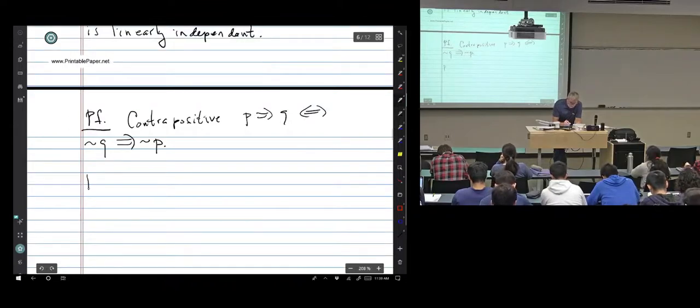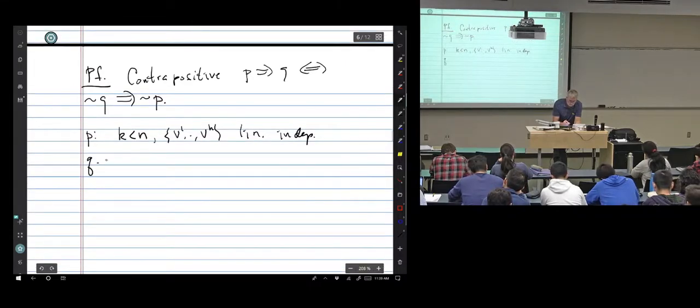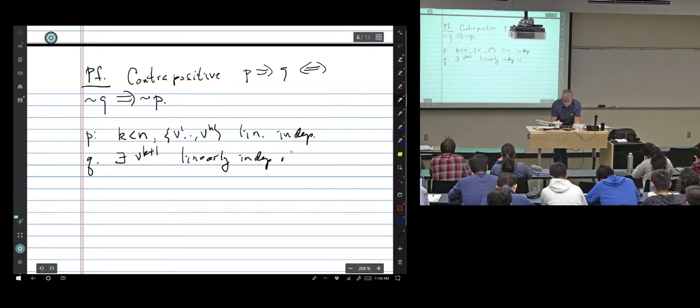So what is P? k is less than n, v1 to vk linearly independent. Q, there exists vk plus 1 linearly independent of v1 to vk. Okay?